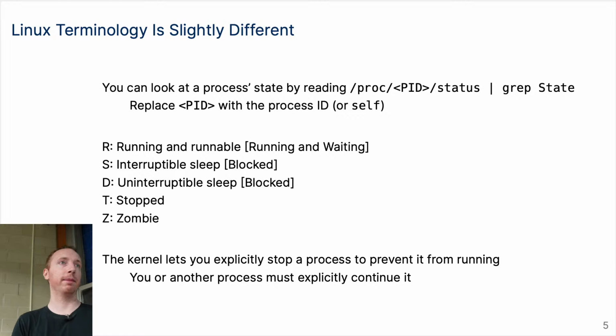Can you give an example of uninterruptible sleep? Uninterruptible sleep is if you're reading a file or something like that, and you have to wait until you read all the bytes until you can continue. Your process is waiting for the kernel to do something, access some hardware, and it needs to wait for that to be done before your program can start running again.